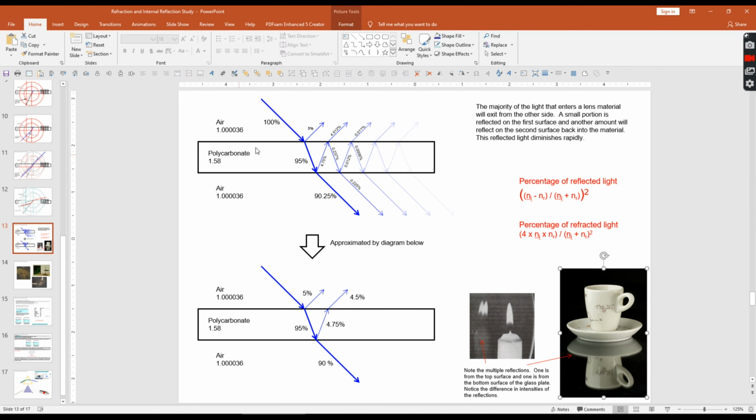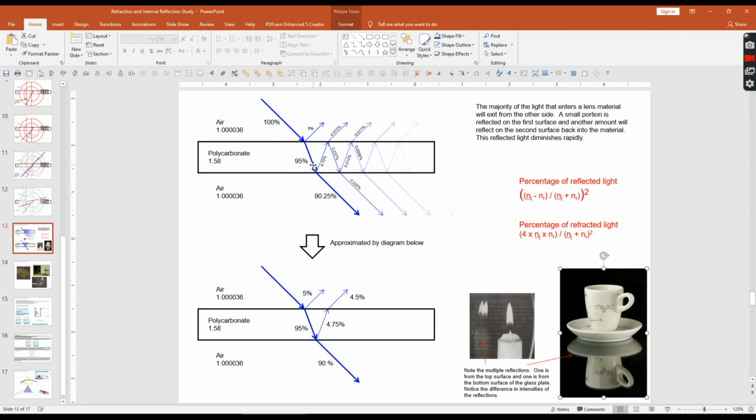So I did the same exact exercises on those previous slides and showed the light entering, refracting, exiting, but some of that light is being lost. There's another formula for the percentage of reflected light and percentage of refracted light.